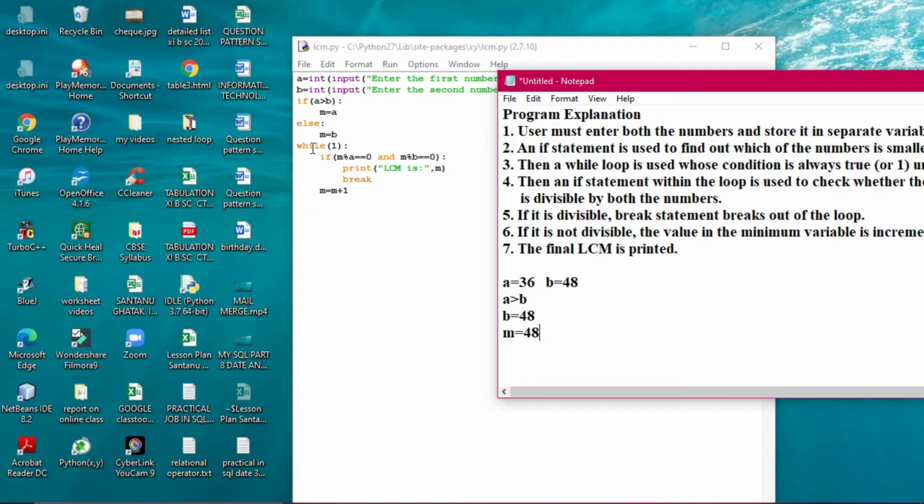You see here, is a greater than b? Certainly not. So m stores the b value, which is 48.